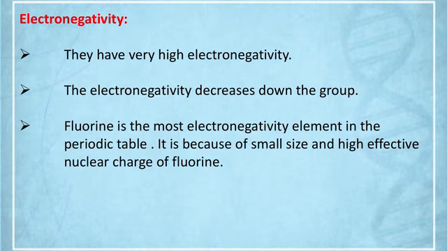Because of the small size and high effective nuclear charge, fluorine is the element with the highest electronegativity. And what about the trend of electronegativity? Same thing, we have already discussed that. Electronegativity decreases down the group. That's a common phenomenon. Electron affinity, ionization energy, electronegativity usually decrease down the group.